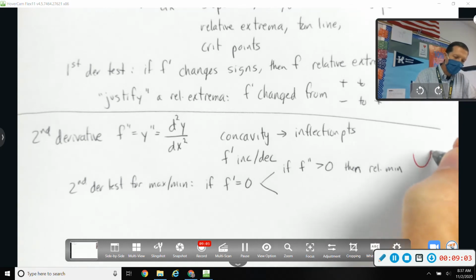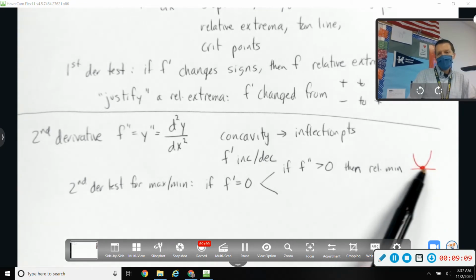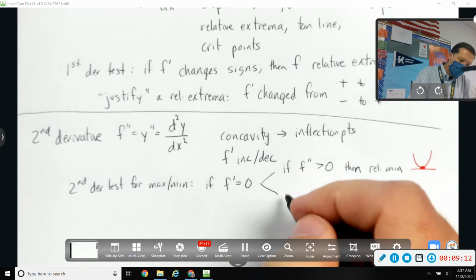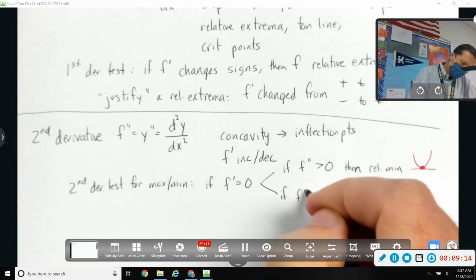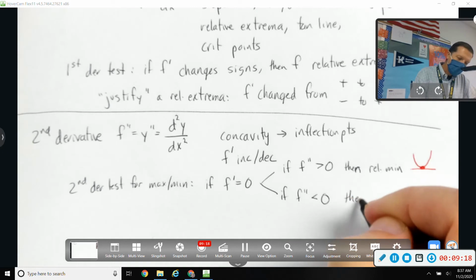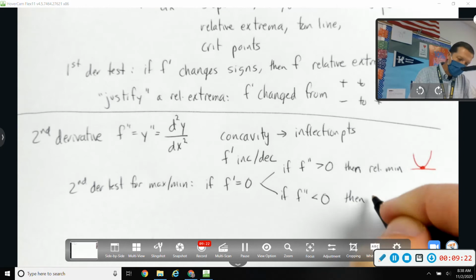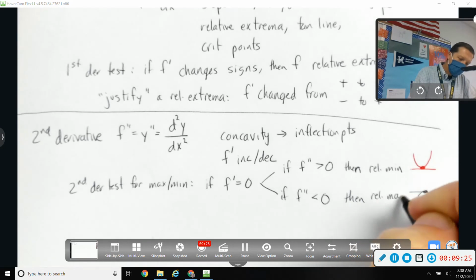It's concave up, but there's a horizontal tangent line, so the only way that works is if it's a relative min. And then the other one, if f double prime is less than 0, so it's concave down, but it has a horizontal tangent line, then we've got a relative max.